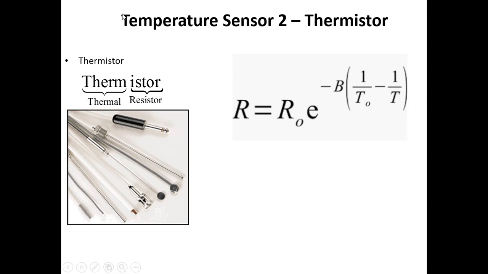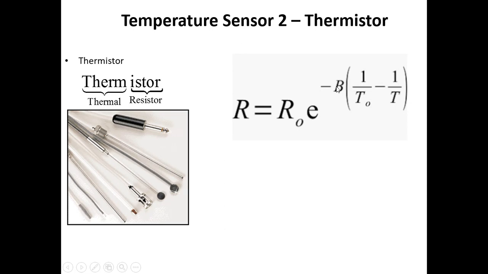Now the resistance of a thermistor can be calculated by using the relation R equals R0 into e to the power of beta into 1 by T0 minus 1 by T. Here R0, as we have discussed already, is the resistance at a standard reference temperature, or any other known temperature, with reference to T0.